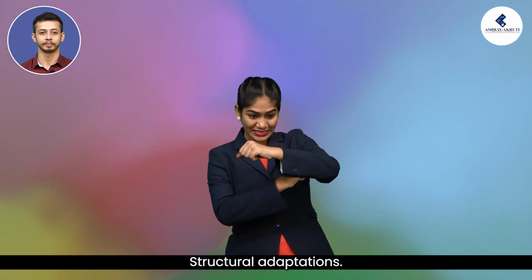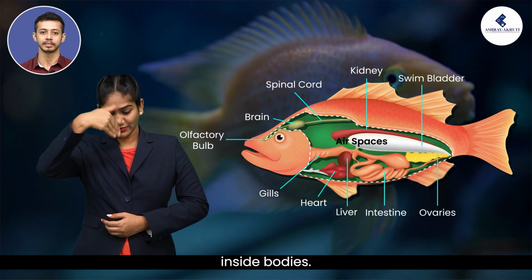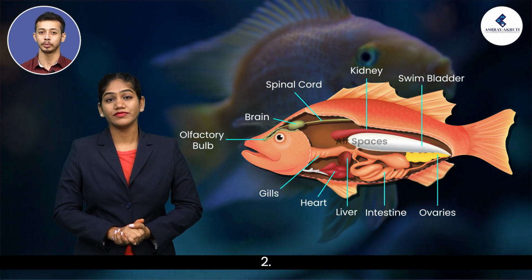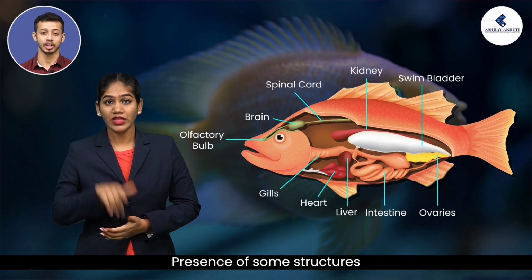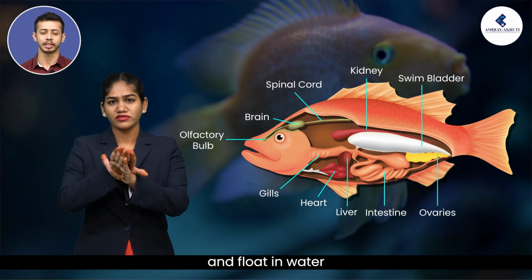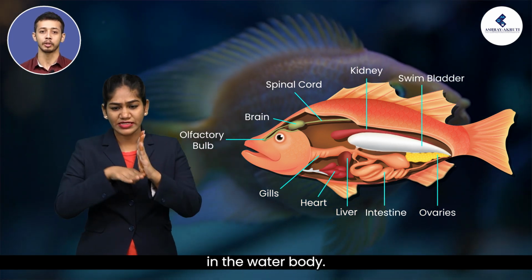Structural adaptation. Number 1, presence of some special air spaces inside bodies. Number 2, presence of some structures that help organisms to swim and float in water to inhabit different levels in a water body.